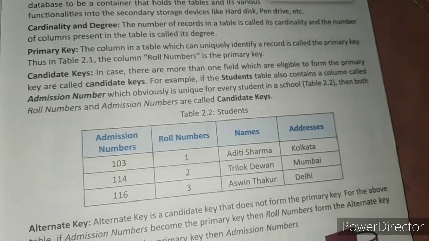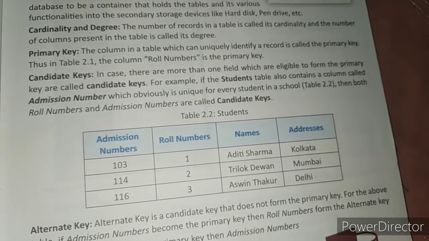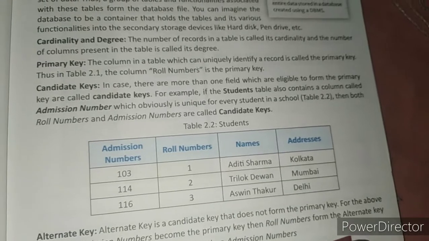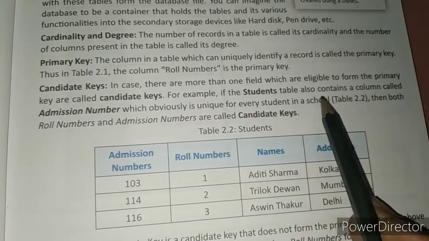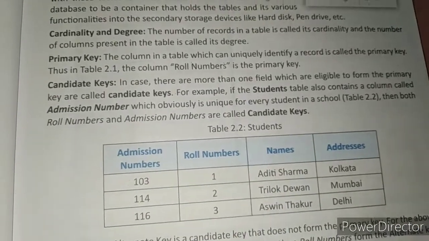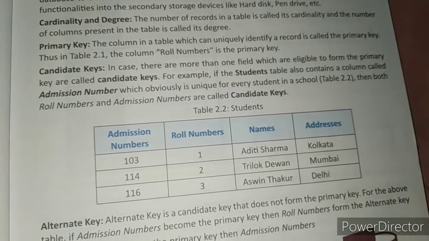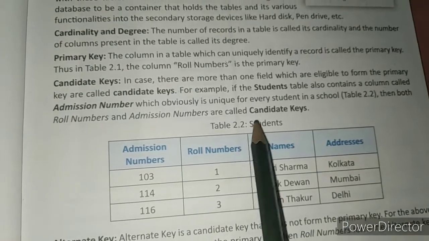These fields which are eligible for the primary key but which we have not used as primary key are known as candidate keys, right? For example, here the student's admission number can also be used as a primary key, but we have not used it here, that is why it is a candidate key.